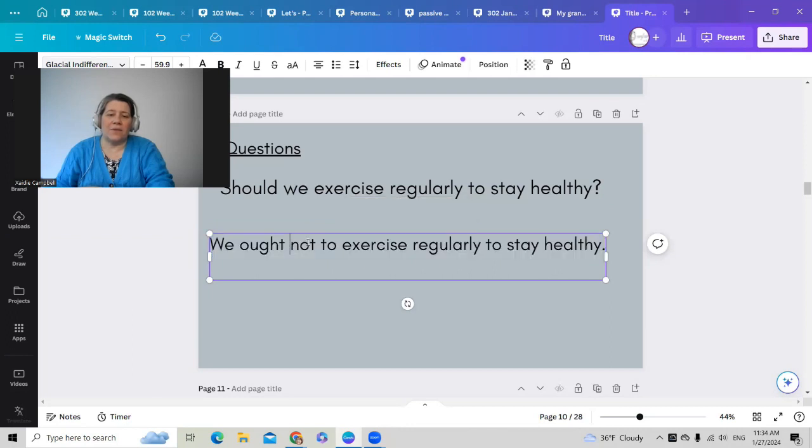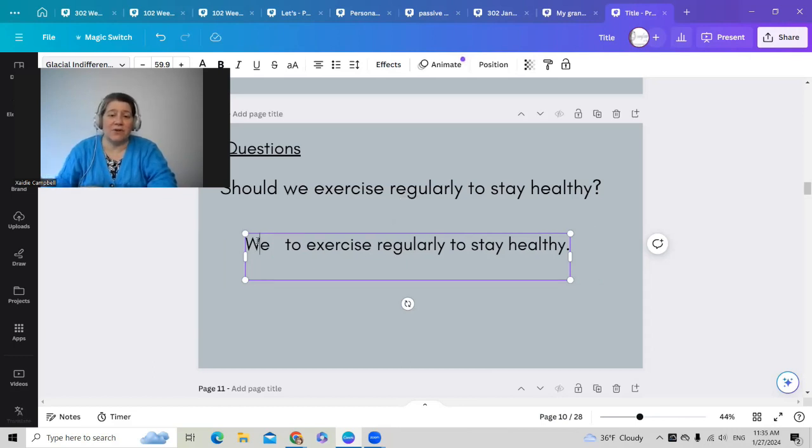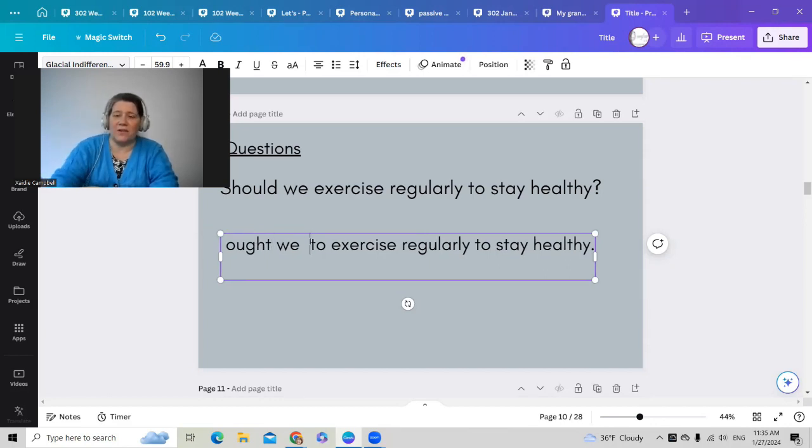Now, here, this is another argument for ought being a modal. It's the same argument that ought acts as the auxiliary, therefore it must be the modal. However, you've heard my argument against. So this is how we would say it. Ought we to exercise regularly to stay healthy?